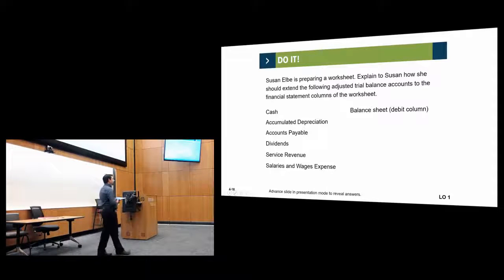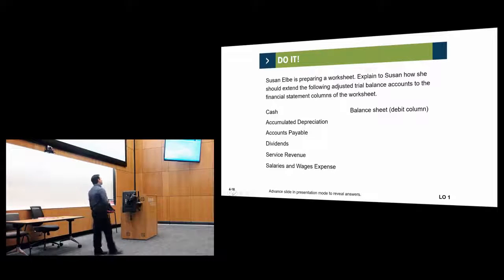Accumulated depreciation. Remember, if it's not revenue or expenses, you immediately take it to the balance sheet columns. Is it a revenue or expense? No, it's not, right? What's accumulated depreciation? A contra asset account. So where does it go? On the balance sheet.